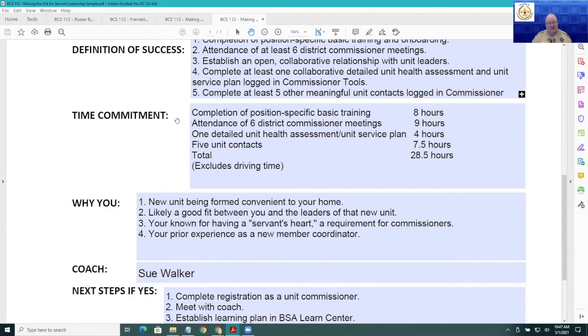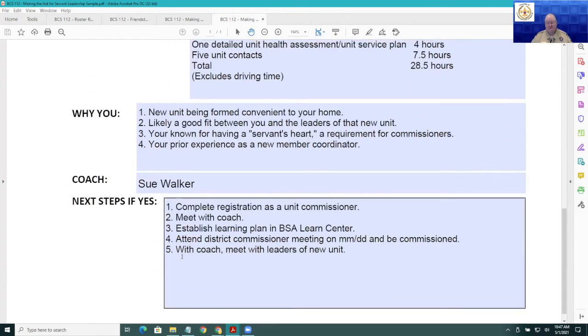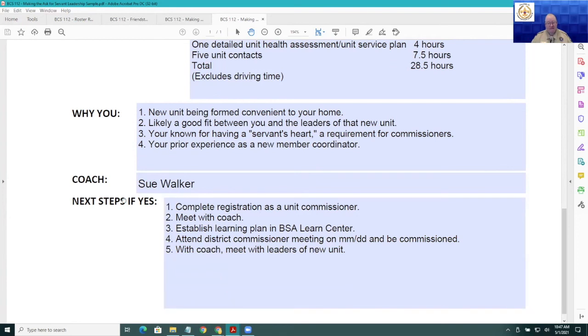Pretty soon we can overwhelm a candidate. This way, if we've written it down, it's outlined: here's what we're expecting every month, why we think they're a good candidate, and what the next steps are if they say yes.